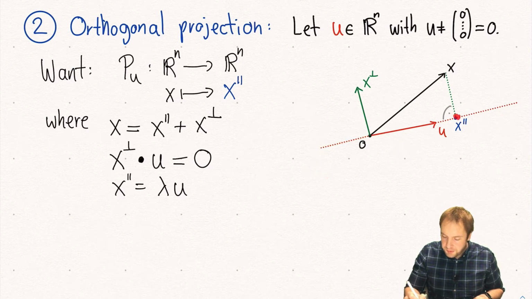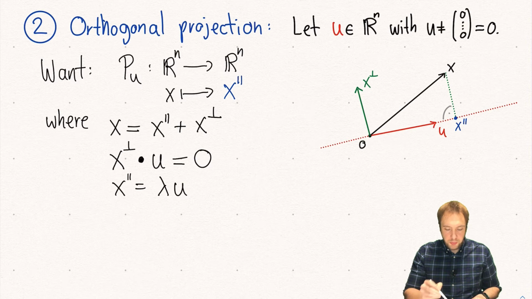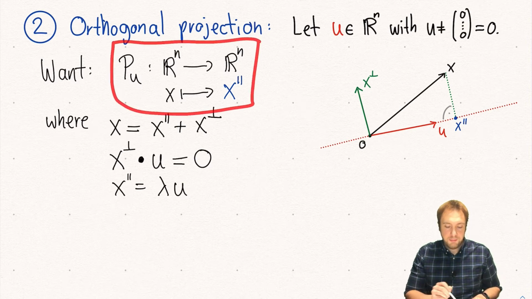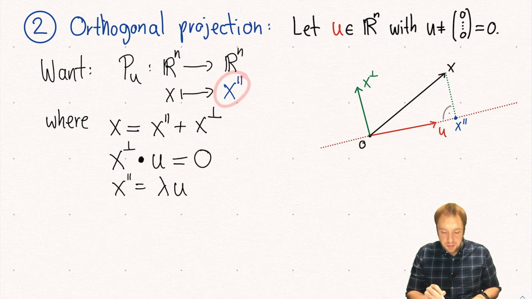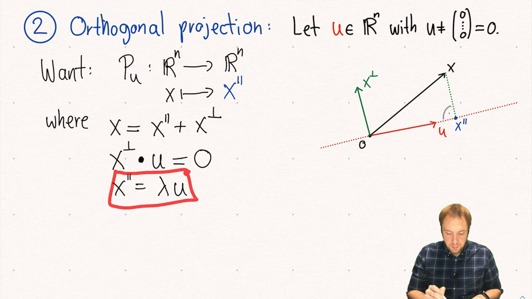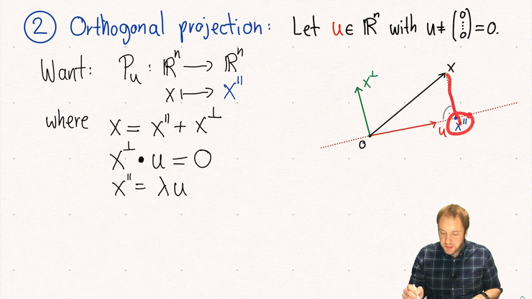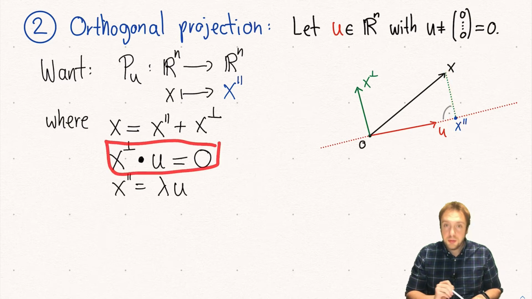And for example, in this picture here, maybe this is 1.2 times u. Okay, so we want to find now a map pu, which sends x to this x parallel, where by x parallel we mean that this is some multiple of u, and the difference between x parallel and our x is orthogonal to u.